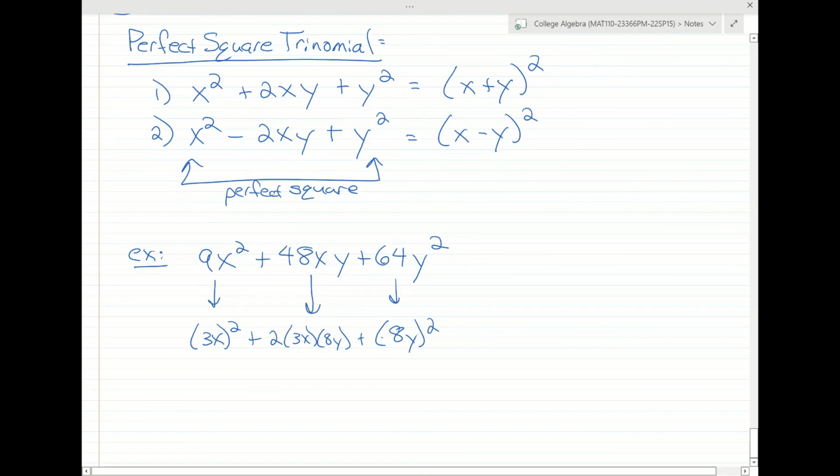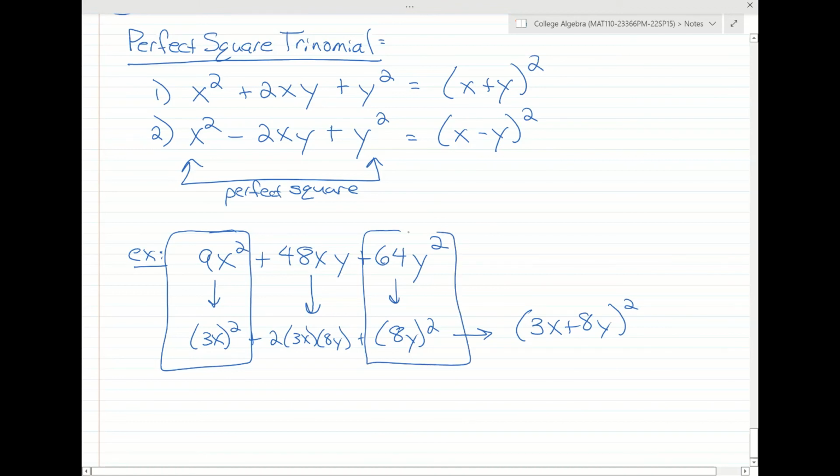If you recognize that, you could just factor it very quickly and say it's 3x plus 8y to the second. So if you recognize this first term is a perfect square, this second term is a perfect square, and the middle is 2 times the first and last, you could just throw it into that formula. All right.